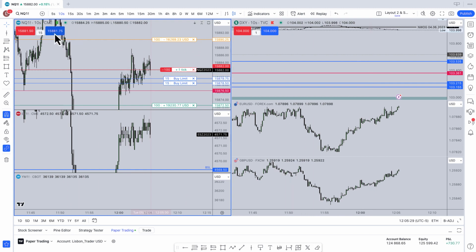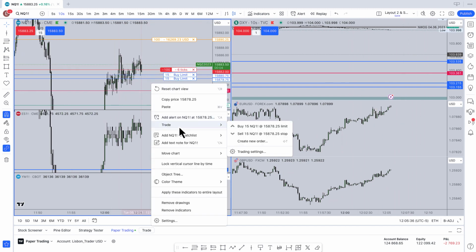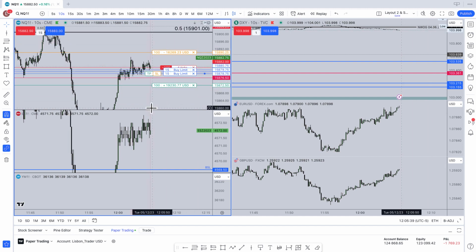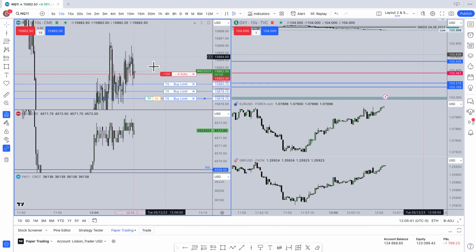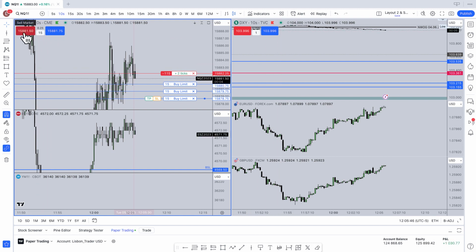Okay, right now moving risk. There's a shift in market structure there.